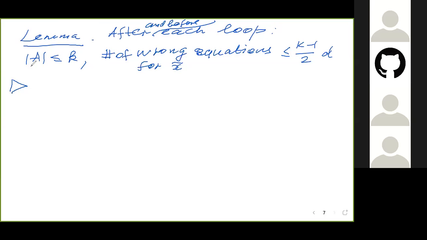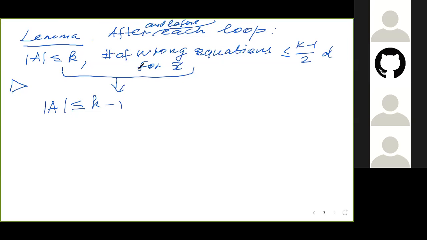Now, second, we need to prove that it holds after each successive loop. And this is done as follows. First of all, these two things imply that A is at most k minus 1, a little bit stronger requirement than we had.